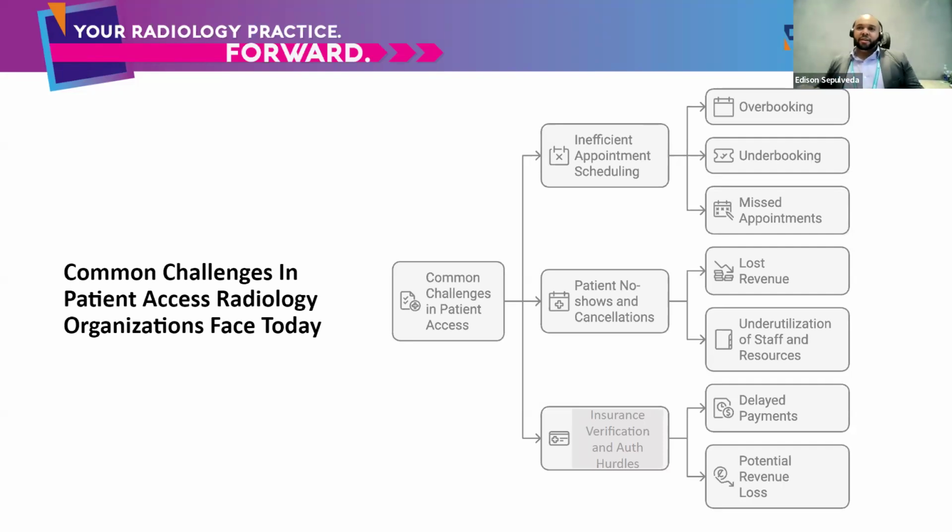What we have seen is that if you overbook using, let's call it, an unsophisticated strategy, you're going to affect the patient experience. But if you underbook, then you're missing out on potentially maximizing that revenue generation engine that we discussed.